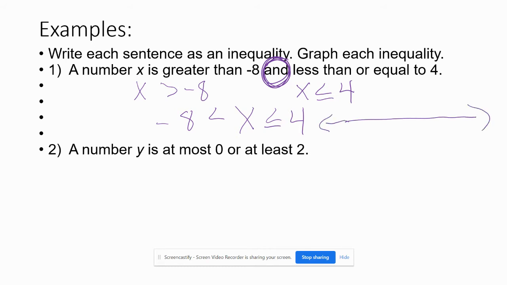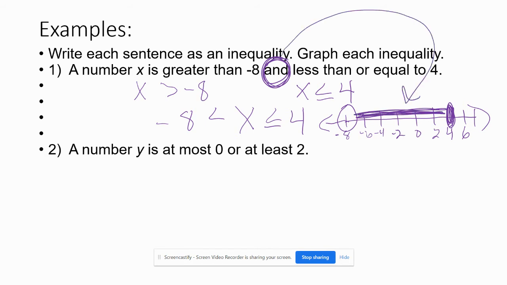So our solution set then, we have -8, -6, -4, 0, 2, 4, 6. We've got a closed circle at 4, an open circle at -8, and in the middle is where they're going to overlap. And again, we're talking about overlapping because of that word and.